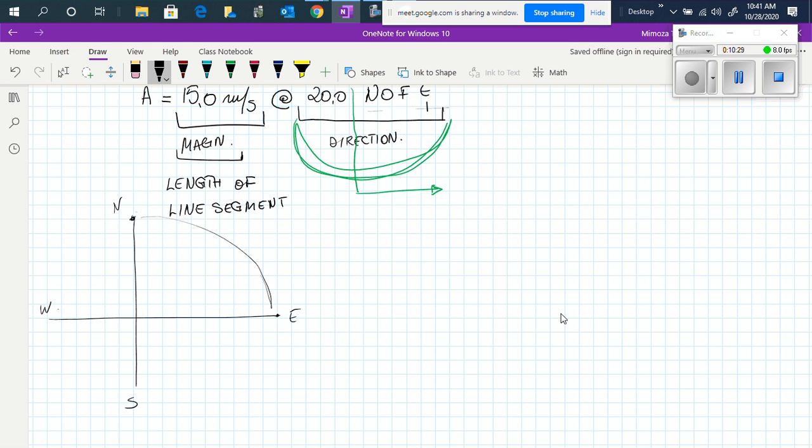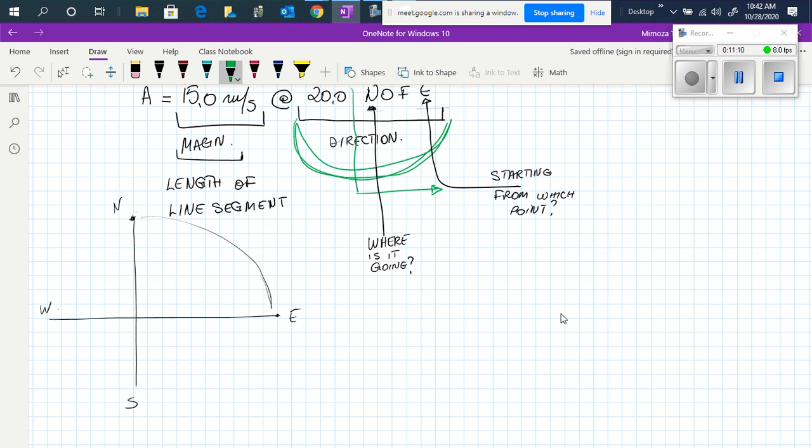The first letter here is asking the question, where is the vector going? And the second letter is saying, starting from which point? So you will see here that it is starting from east, going north at a 20-degree angle.